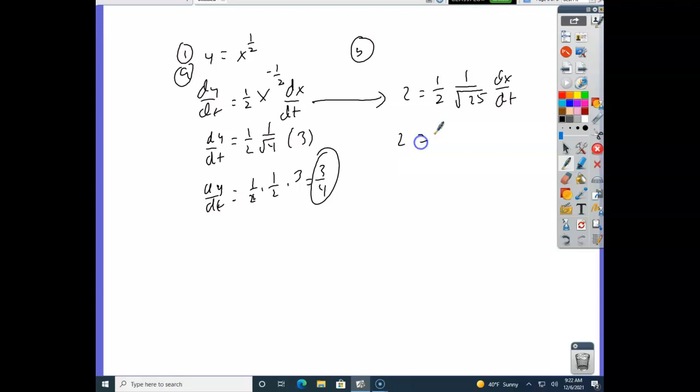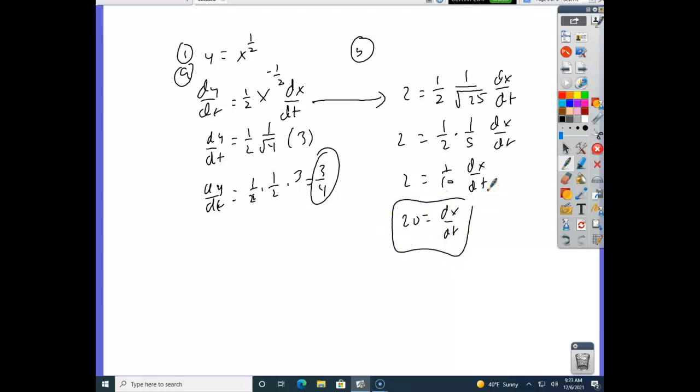So 2 equals 1 over 10 dx dt. I'll catch up to you. Just bring it over, so it's going to be 20 equals dx dt.